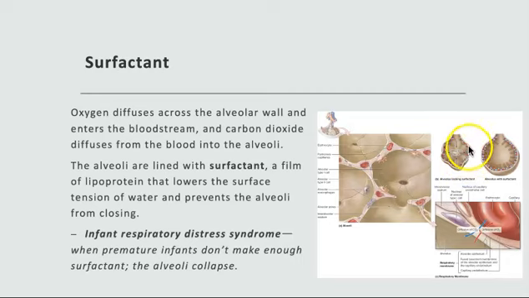If we didn't have surfactant, then the water that exists within our alveolus would be attracted to one another, and it would pull the alveolus in, essentially causing it to kind of collapse. Whereas here, the surfactant helps to spread out those water molecules so that they're not as attracted to one another and keeps the alveolus nice and open.